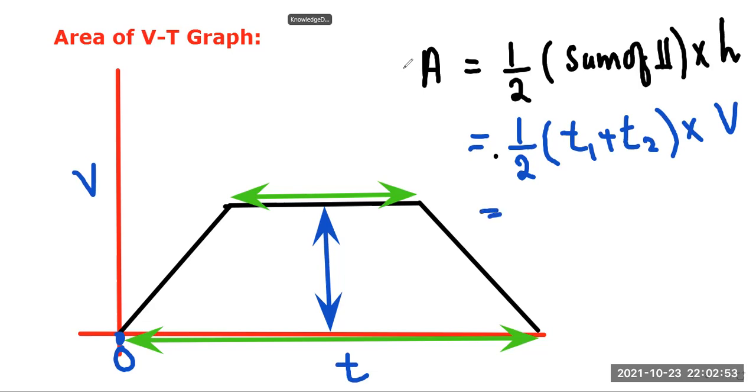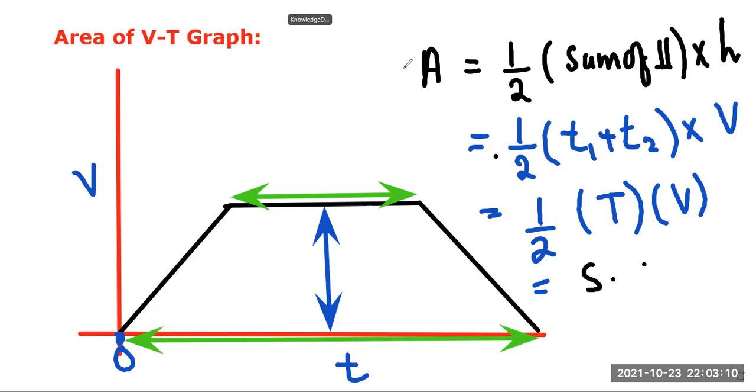So t1 plus t2, you can say it is some time t, and it is v. So velocity into time is what? Number has no units, time has second, and velocity has meter per second. So seconds are cancelled. So we are left with only meters.